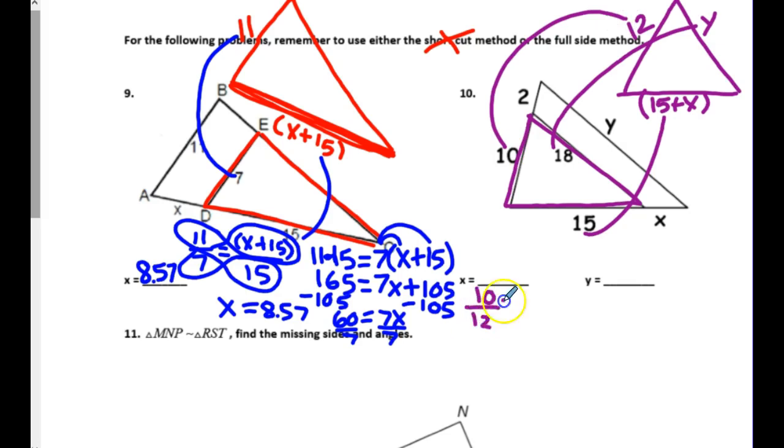And if I'm solving for x, I'm going to use the x, which is going to be 15 to 15 plus x. So I cross multiply 10 times 15 plus x equals, and I got 15 times 12.